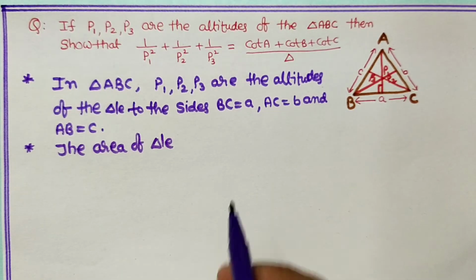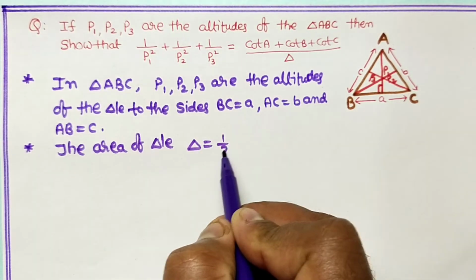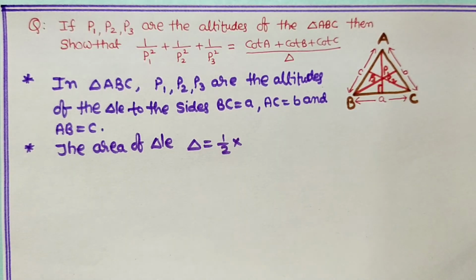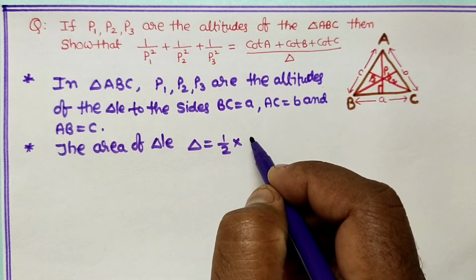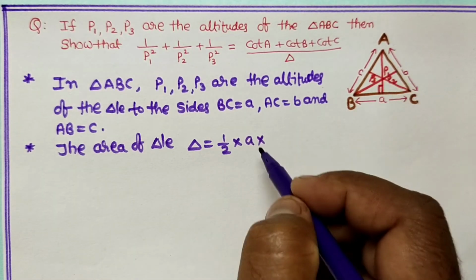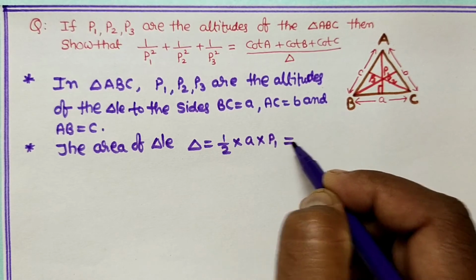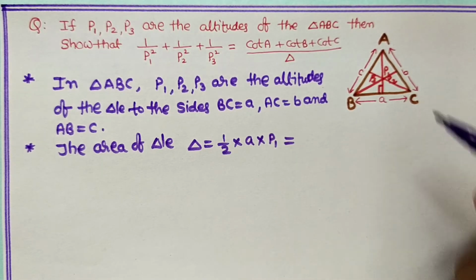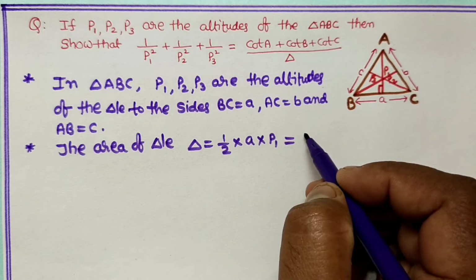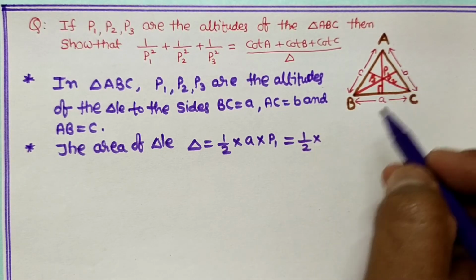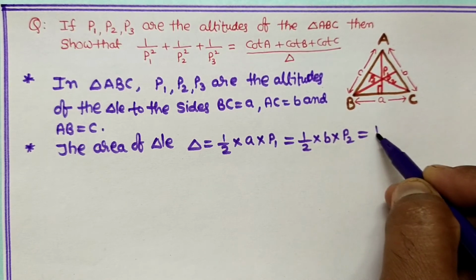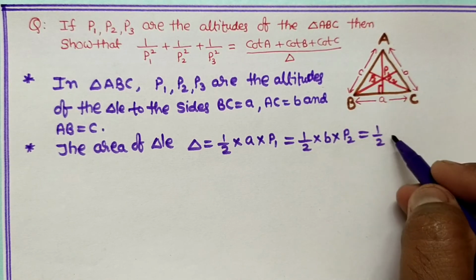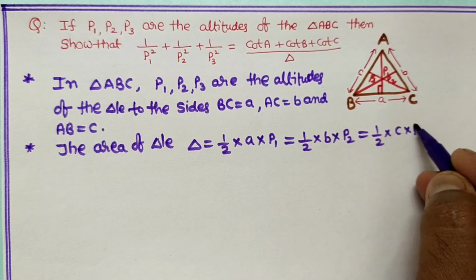We have three formulas now: half into base into height. Suppose if we take the base as a, the height is altitude P1, which is also equal to, if you take the base as AC, half into b into altitude P2, which is equal to half into c into P3.